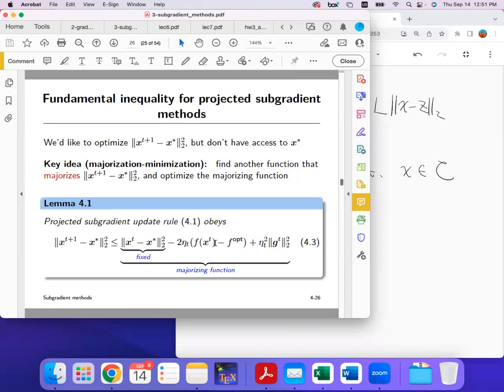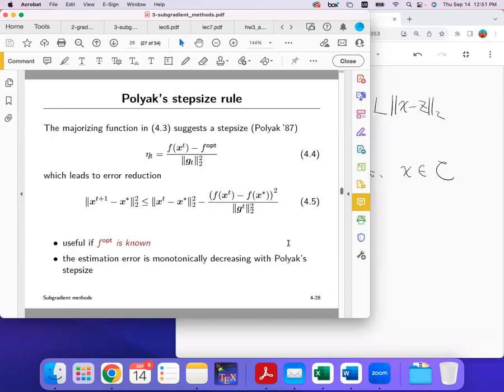This is basically to balance these two terms. If you want to make them equal, then roughly eta_t is this function value difference divided by g_t squared. That's why we pick this choice here.